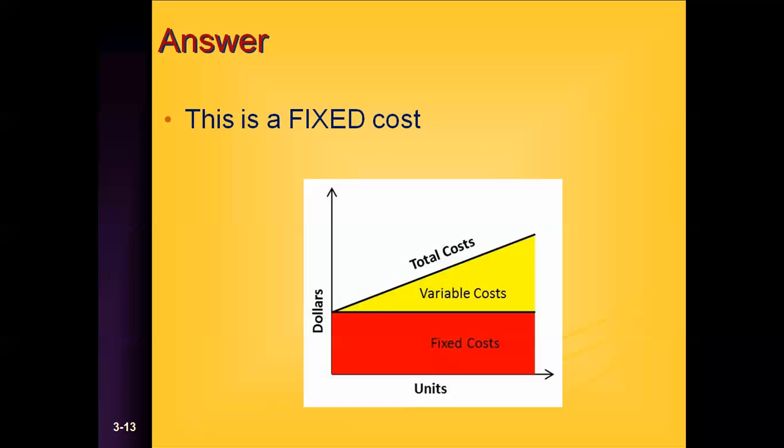If you were to plot those points on a dollars and units graph, you can pretty much see that it would fall into the fixed cost category, because the curve is basically flat. There's really no change over the relevant range. Okay, so that was an example of a fixed cost.